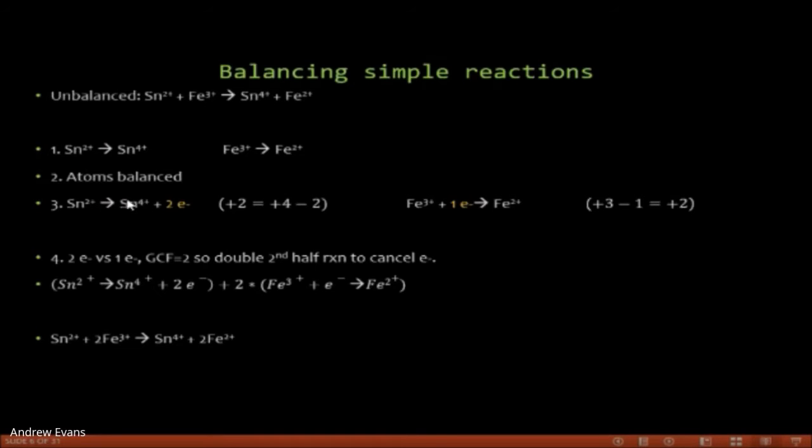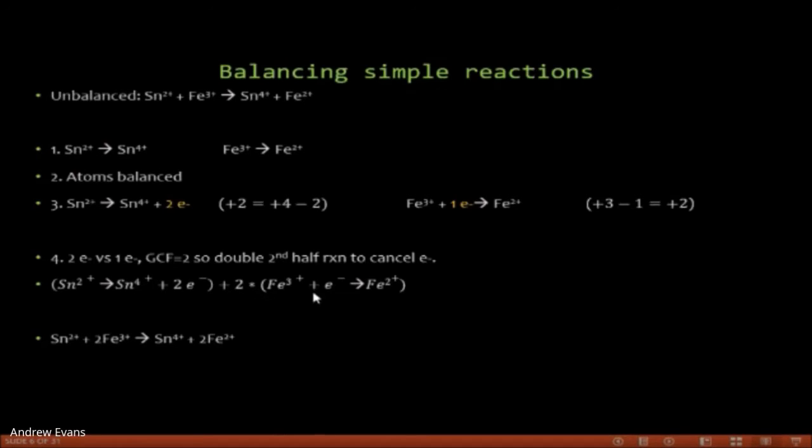Sn2+ to Sn4+: 2 electrons brings 2+ to 2+. Fe3+ to Fe2+: 1 electron brings it from 3 to 2. Now the greatest common multiple between 2 and 1 is 2, so we are going to double the irons and then add the equations together.